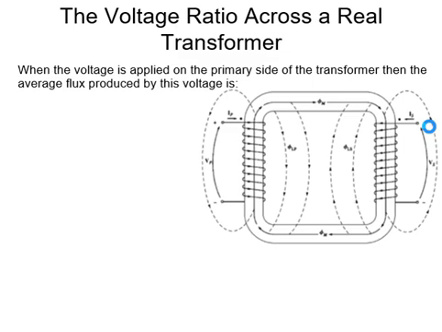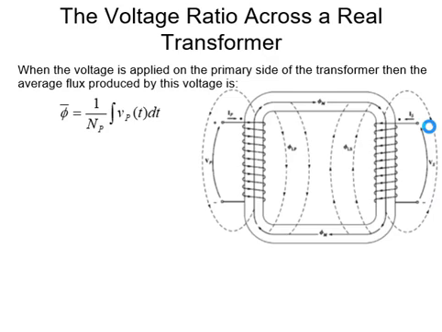When we apply the voltage on the primary side of the transformer, some flux lines would go into the air and come back to the winding, and some lines go into the core and have a mutual flux with the secondary coil.